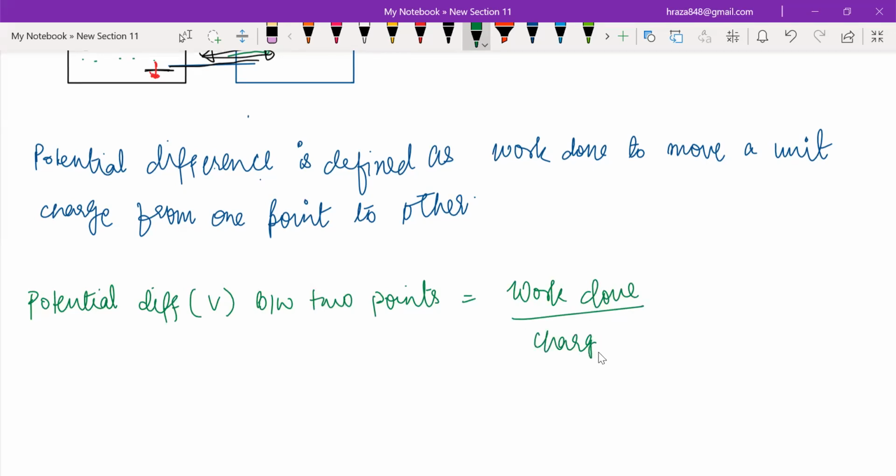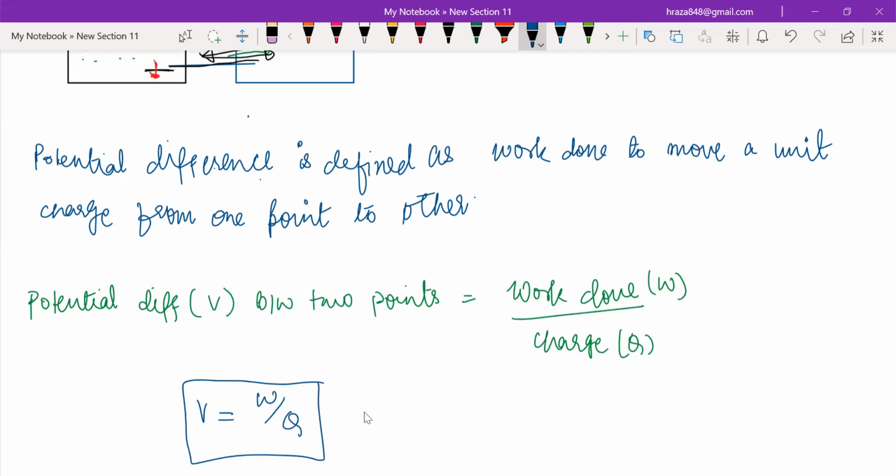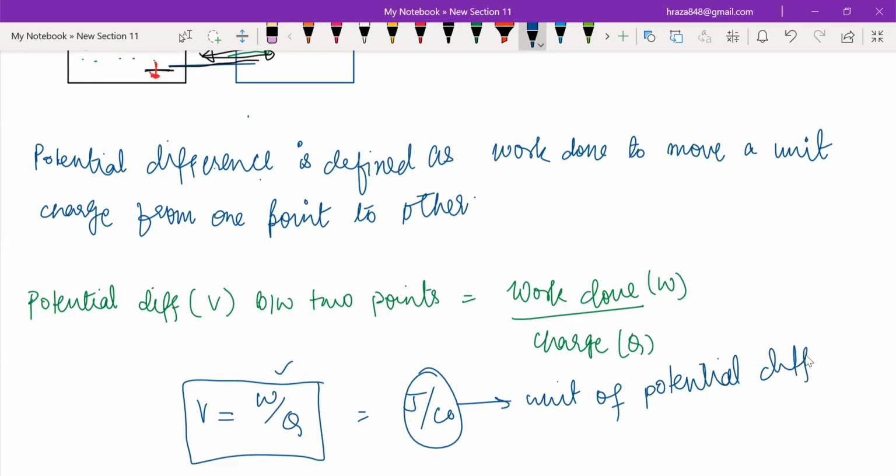Charge is denoted by Q and work done is W. So the formula of potential is V is equal to W by Q. Now the unit of work is joule and the unit of charge is coulomb. So the unit of potential difference or potential is joule per coulomb, which is known as volt, denoted by V.